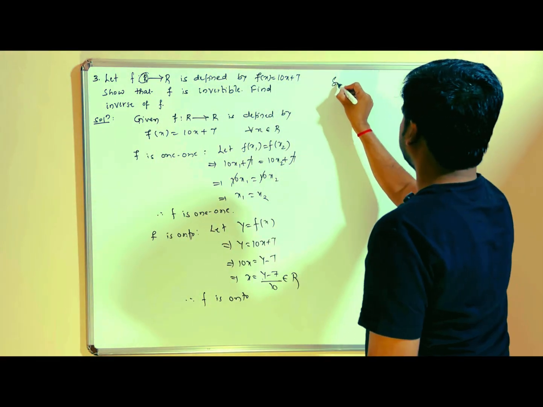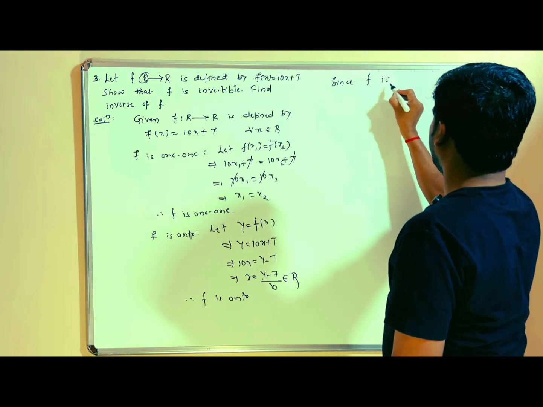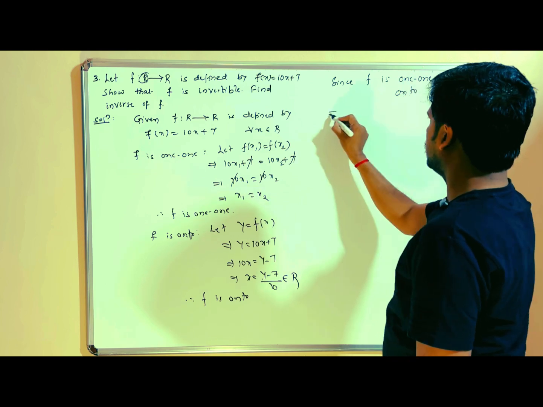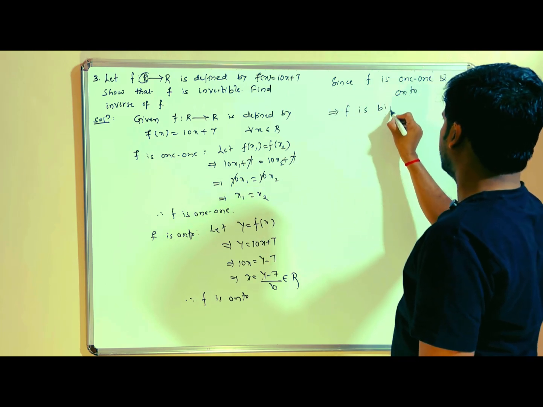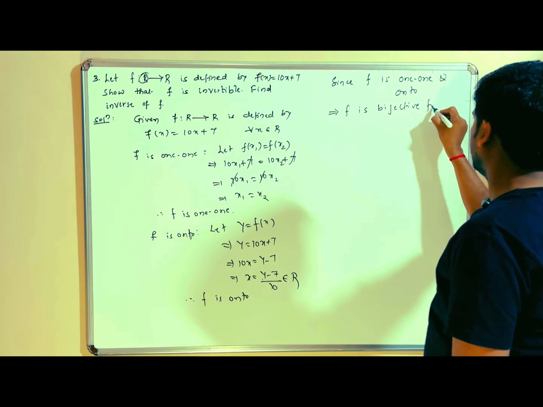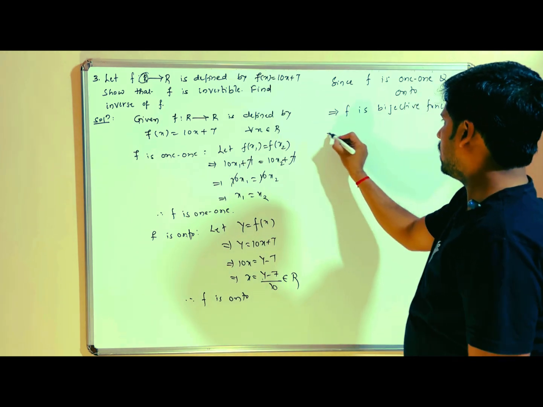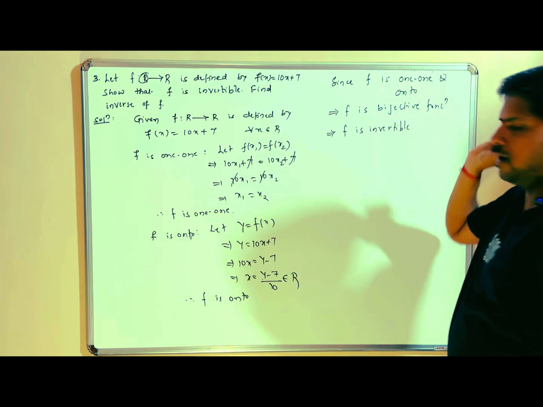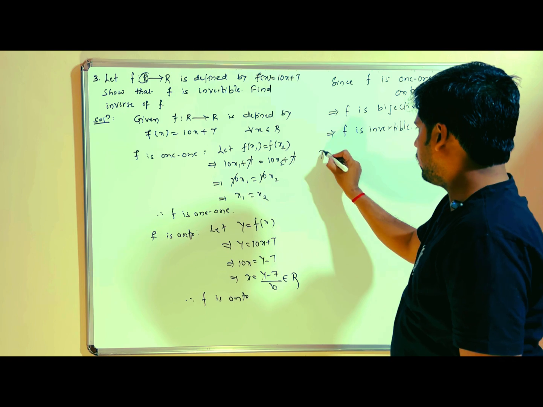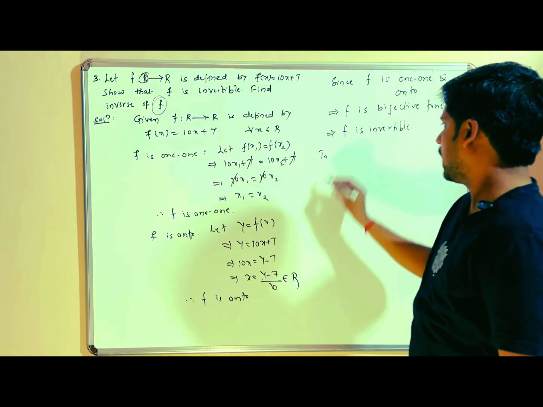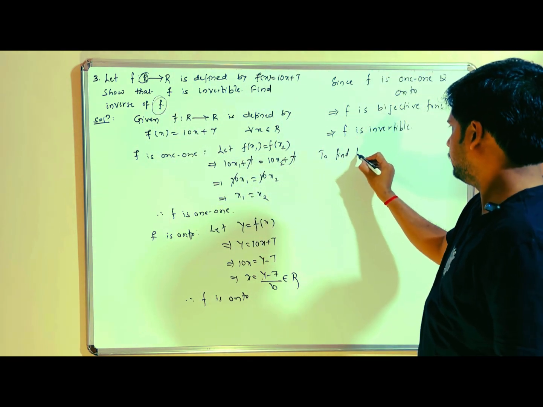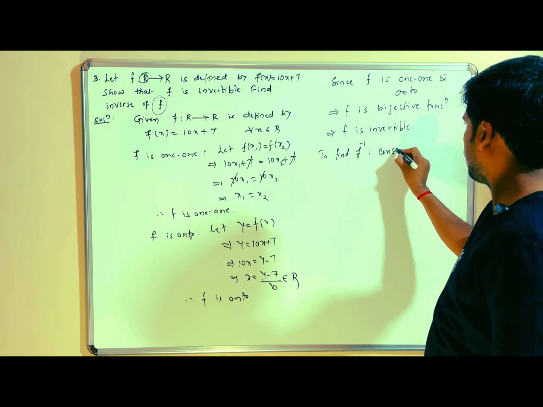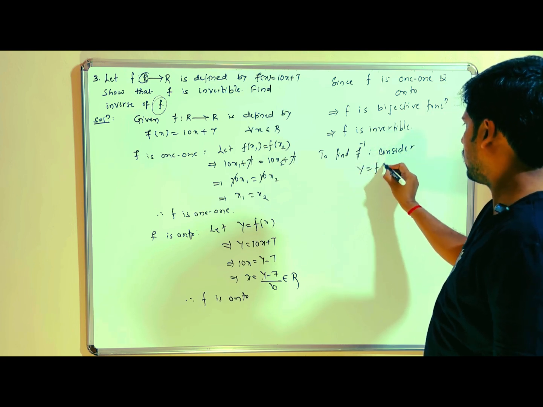Since f is one-one and onto, we say that f is a bijective function. If f is bijective, then we say that f is invertible. So then we have to find the inverse of f. To find f inverse, consider y is equal to f of x.